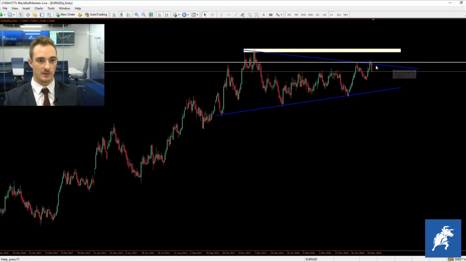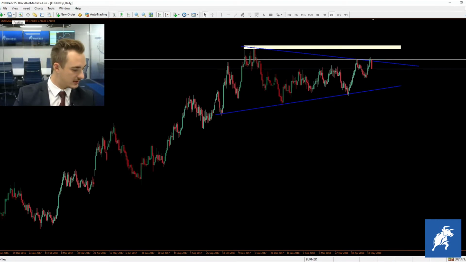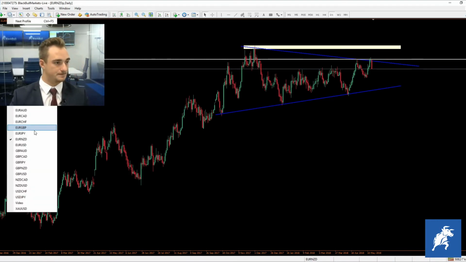We were looking to hopefully maybe stall on this 1.725 level, and then hopefully breaking through, moving to that double top, making a resistance level at 1.74.